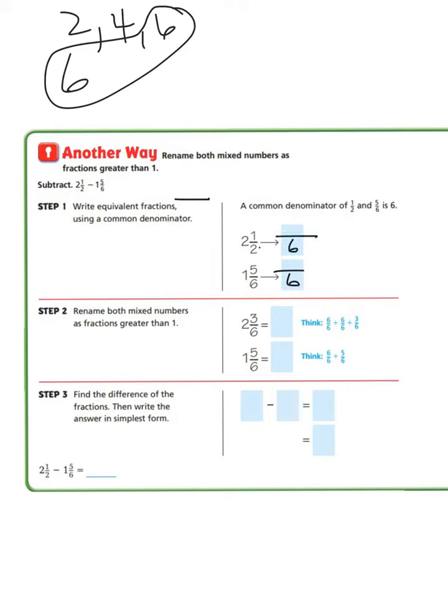And we know that 2 times 3 equals 6, and 1 times 3 equals 3, because whatever we do to the denominator, we have to do to the numerator. And this one is going to stay the same because it already had a denominator of 6. So that leaves us with 2 and 3/6 minus 1 and 5/6.